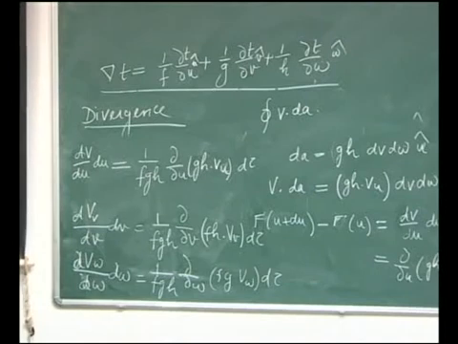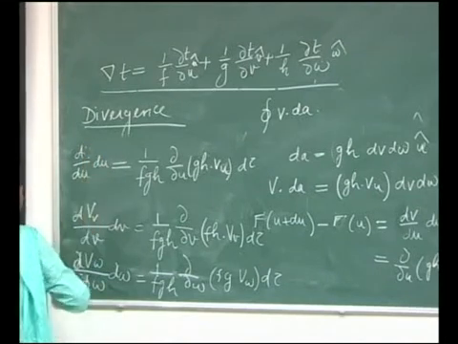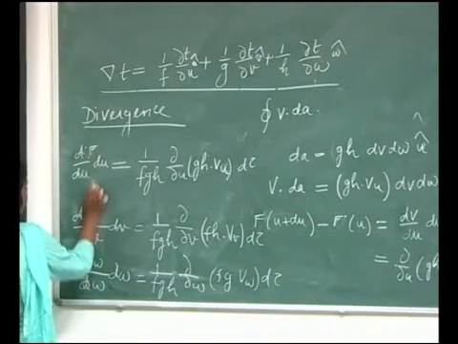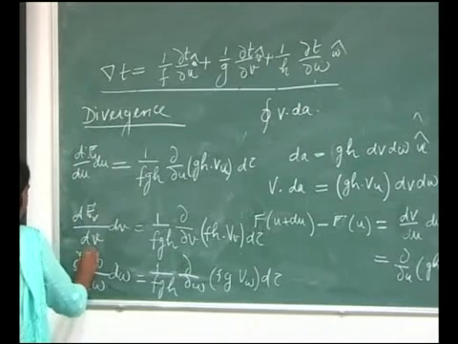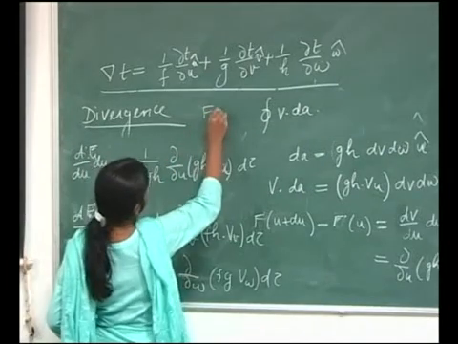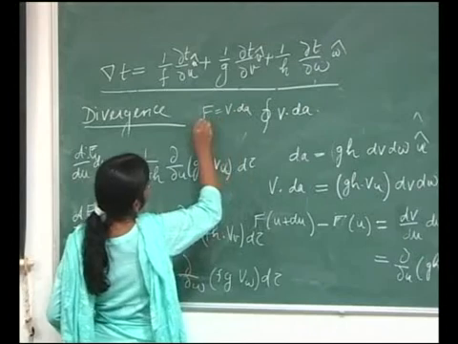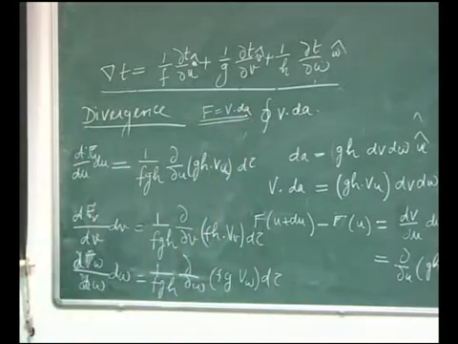Okay, you can take it df by du. If you take that, she wants it to be f, so you take f and assume that f is equal to v dot dA. You make this assumption and then you take it like this.